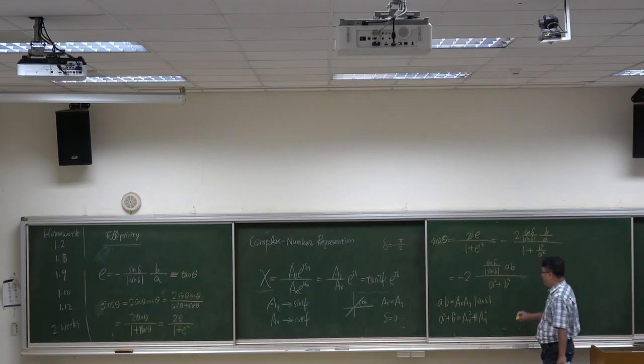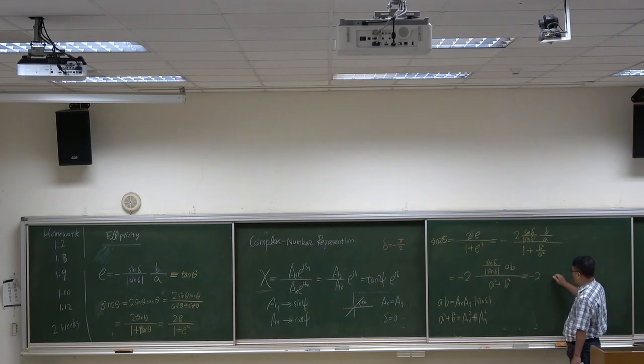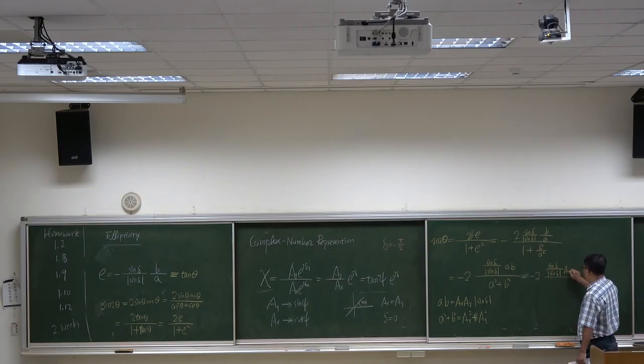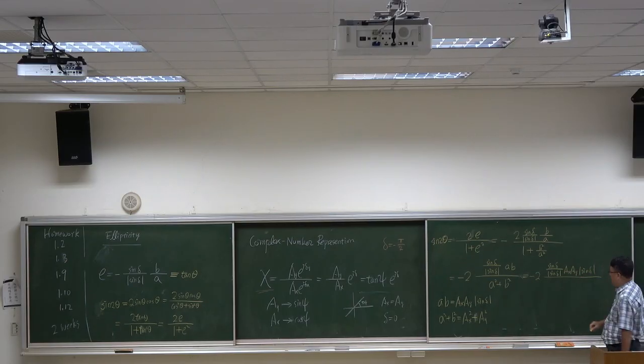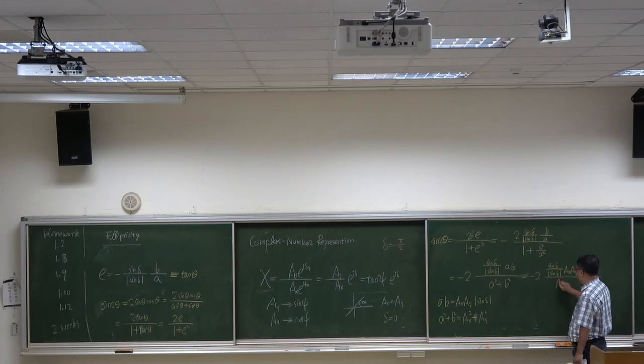So now we can rewrite this as minus 2 AX AY times the absolute value of sine delta over AX squared plus AY squared.